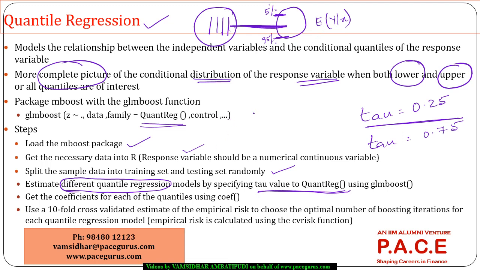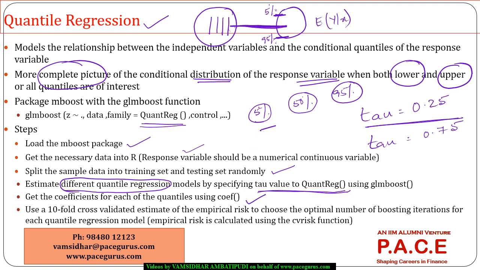So let's say I want to get a 5 percentile estimate, a 50 percentile estimate which is the median, and a 95 percentile estimate which is the high end value. I want these three things to be predicted, which means I have to do the same job 3 times. I will get different coefficients for each quantile.